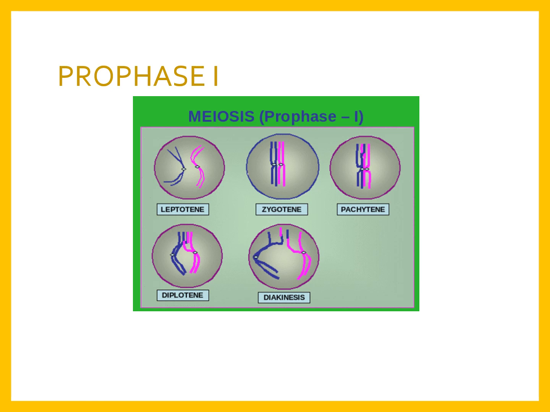Meiosis is a reduction division taking place only in the reproductive cells, at the time of reproduction, only during the formation of gametes: the male gamete by the process spermatogenesis taking place in the testis, and the female gamete by the process oogenesis taking place in the ovary.